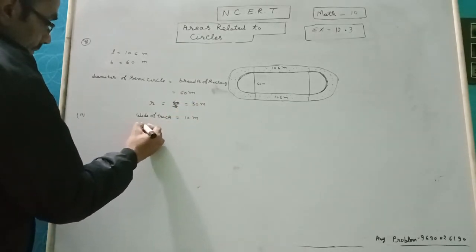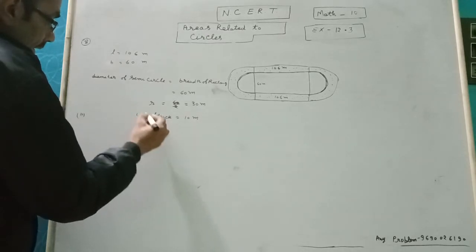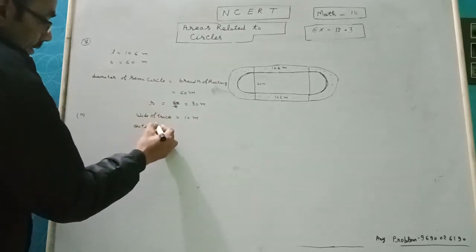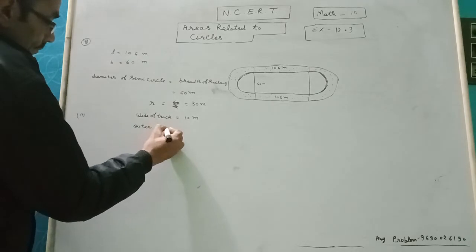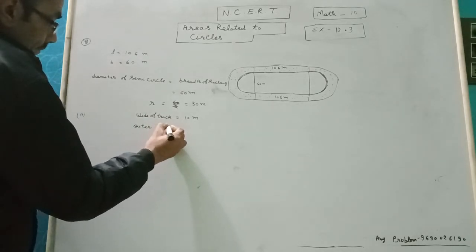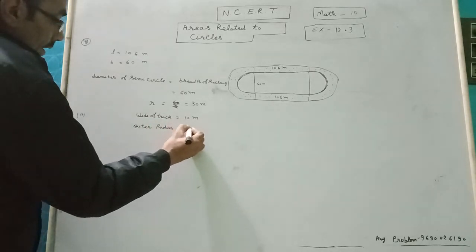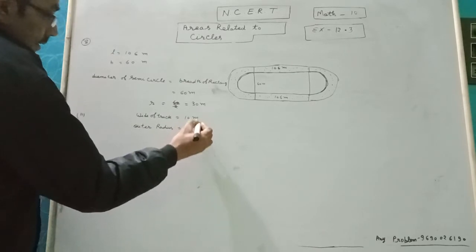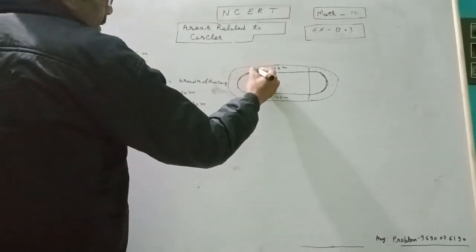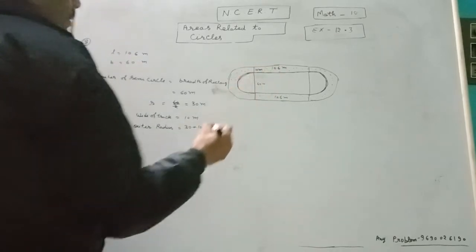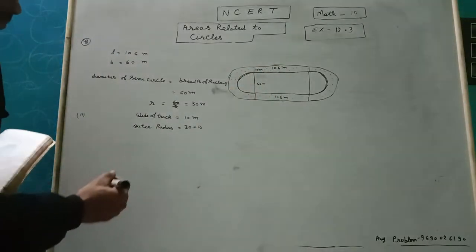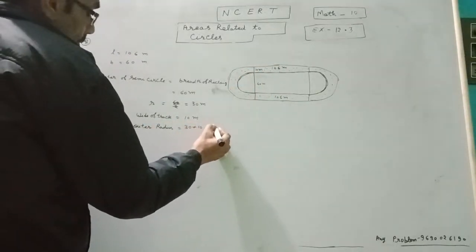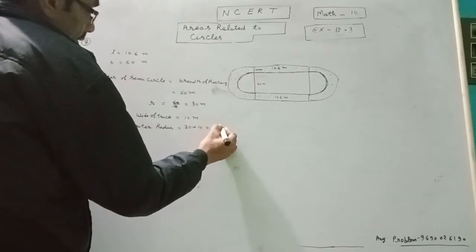The outer radius will be 30 plus 10, since 10 meter is the width of the track, which is equal to 40 meter.